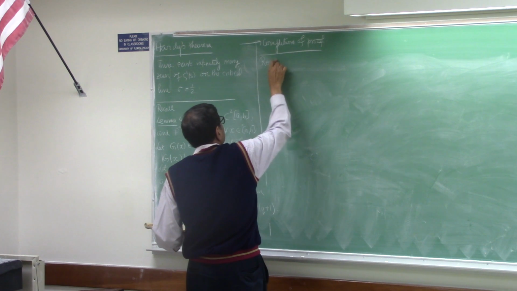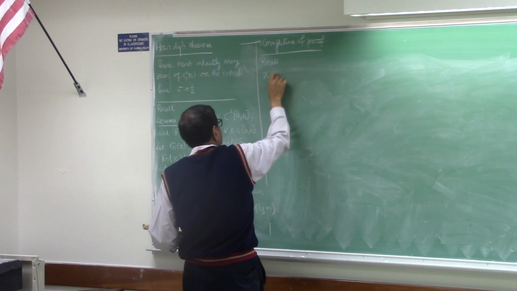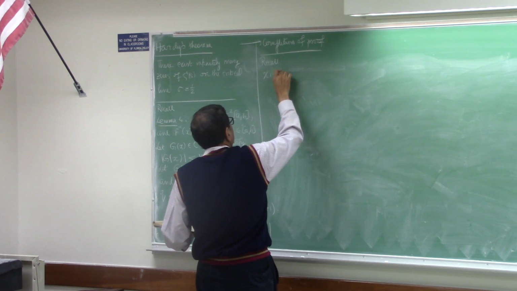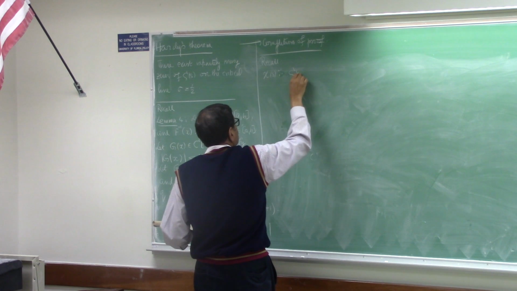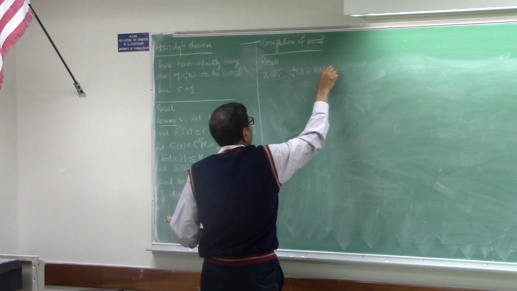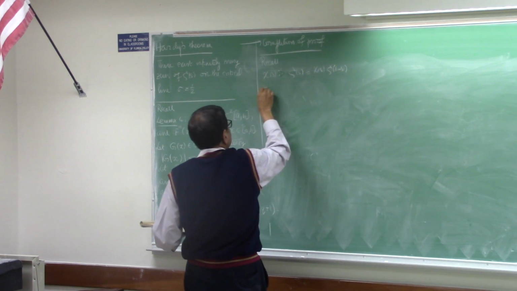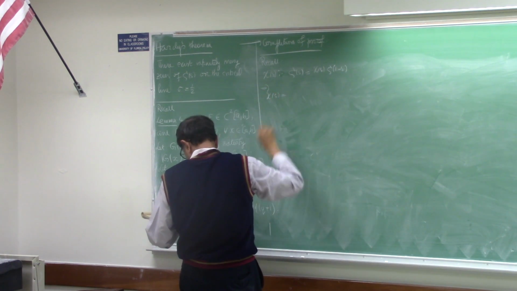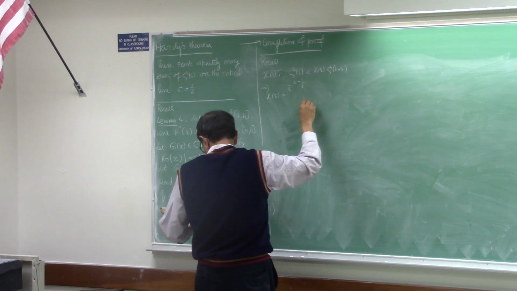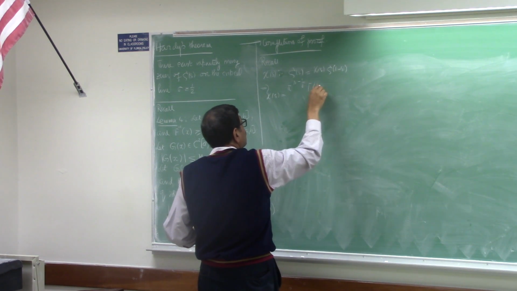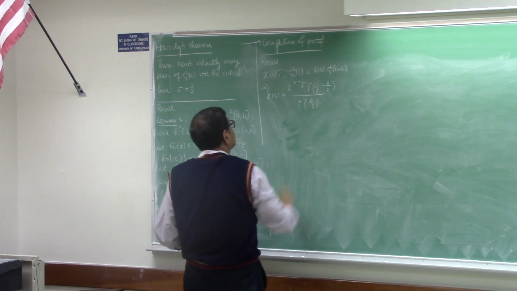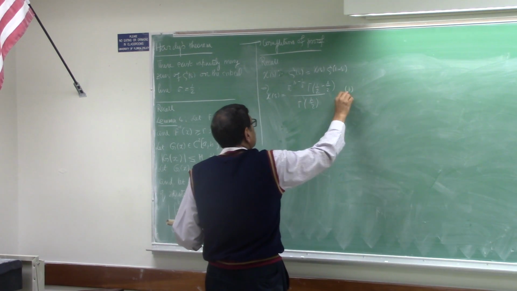So recall within the proof, chi(s) was defined to be the function which took zeta(s) to zeta(1 minus s). And that implies that chi(s) was pi to the s minus half gamma((1/2 minus s)/2) divided by gamma(s/2). Okay?